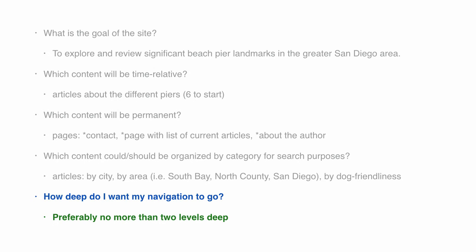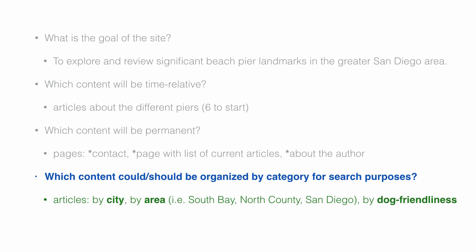And, let me just jump back. This particular question about category for search purposes, it's not just about using a search tool or search bar. This also could generate, these categories could generate types of navigation. And so you have to think about how important these things are for a user to be able to search based on these things like dog friendliness.